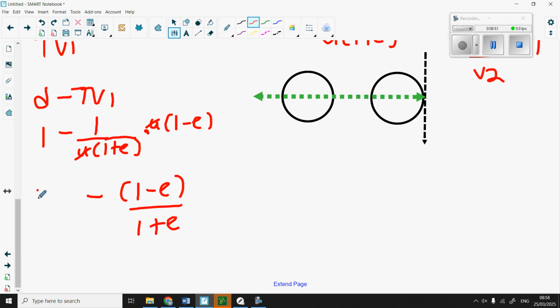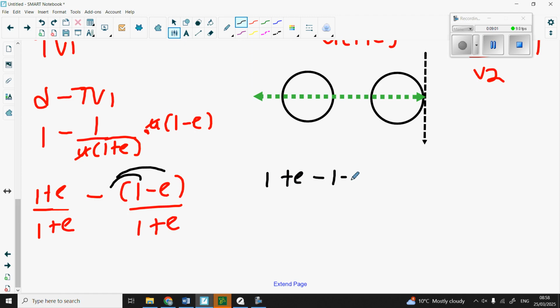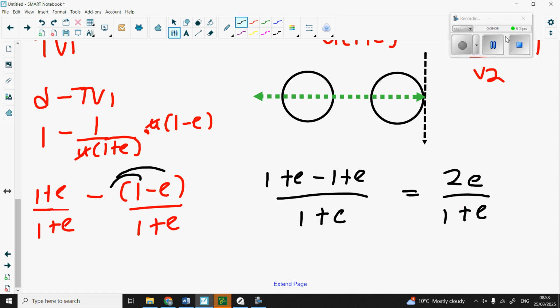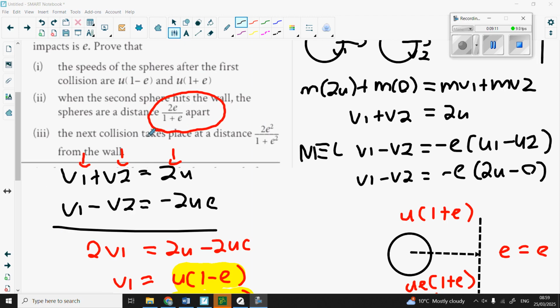So I'll change 1 into 1 plus e over 1 plus e. Is that cool? Multiply in by the minus 1. What do you get? And my answer is 2e over 1 plus e. The next collision takes place at a distance 2e squared over 1 plus e squared from the wall.